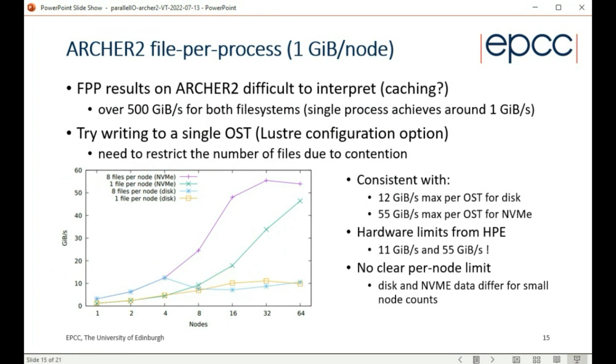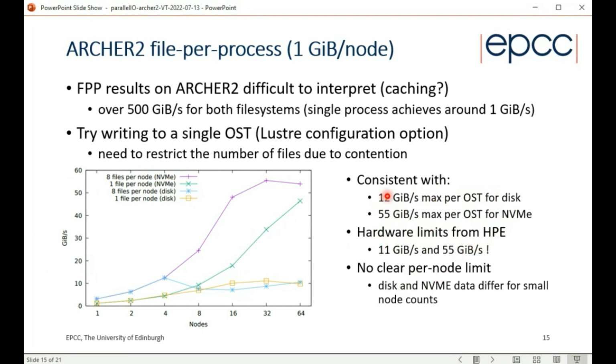So the important point is here, if I believe this test, I would say that an OST on ARCHER2 can sustain 10 or 11 gigabytes per second, and the solid state storage on ARCHER2 can sustain over 50. Now, I got the hardware limits from an HPE colleague, and the hardware numbers are 12 for disk and 55 for NVMe. So, sorry, I got 12 and 55. The hardware limits were 11 and 55.